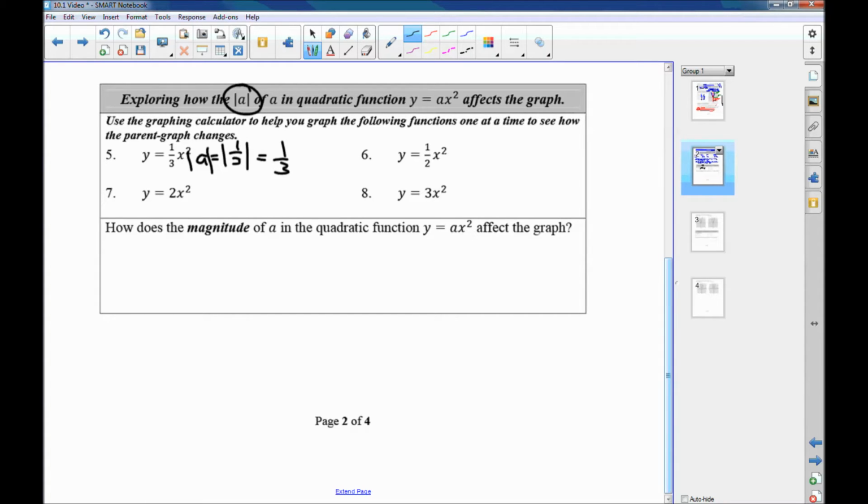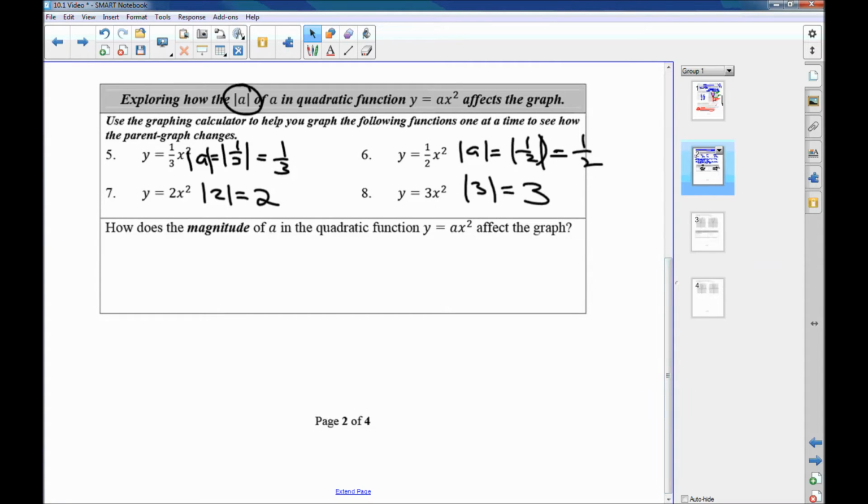In number 6, the absolute value of a is 1/2. Okay, so we want to see what does 1/2 do to the graph. And in number 7, the absolute value of a is the absolute value of 2. So we want to see what 2 does to the graph. And in number 8, we want to see what a value of 3 does to the graph. So absolute value of 3 is 3. Okay, so we're going to explore those and then come back and write.